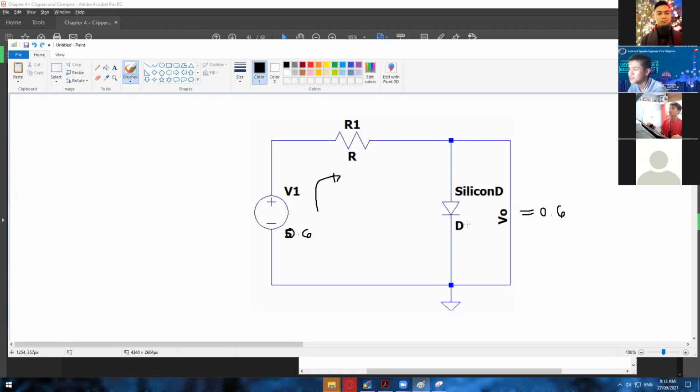How will you get that 0.7 if this silicon diode wasn't able to eat 0.7 volts? Initially, it won't be able to consume 0.7 volts because we have a lack of voltage here. So you could say that we have a reading of 0.6 because that is the only voltage that was able to be taken from our voltage input.